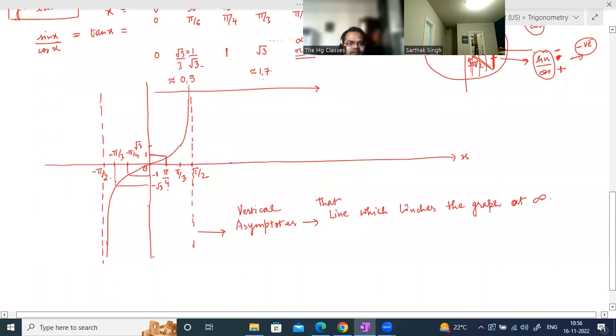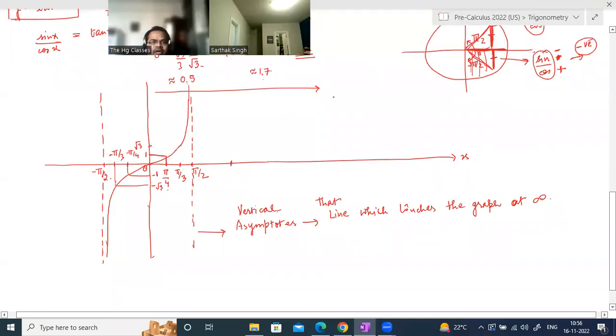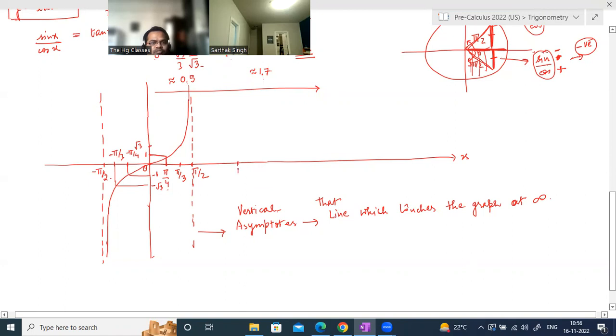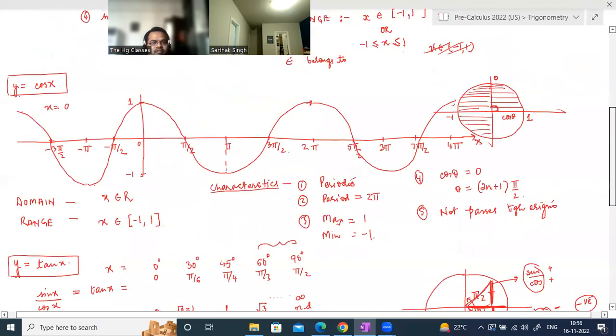And this behavior will replicate itself. So if I go now to the second quadrant, which is from pi by 2 to pi, right? We know that, wait, pi should be double of pi by 2. So this is pi. Now we know that at pi, sine is 0, isn't it? Because when was sine 0? Let's go back to the sine curve. When was sine 0?